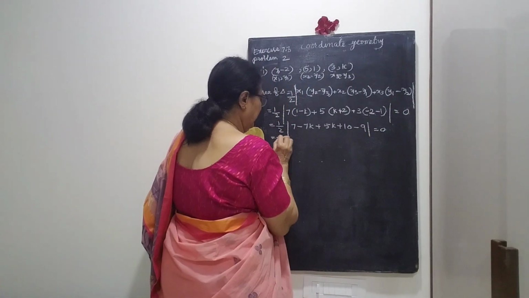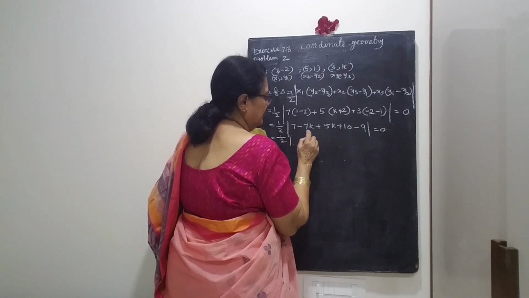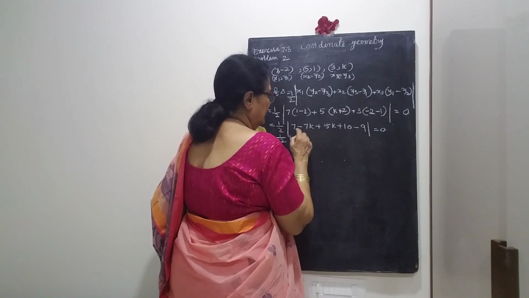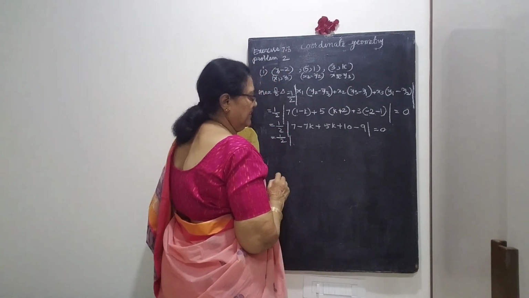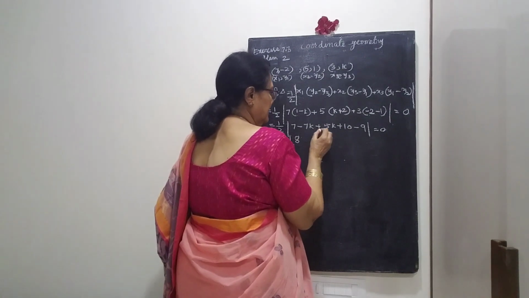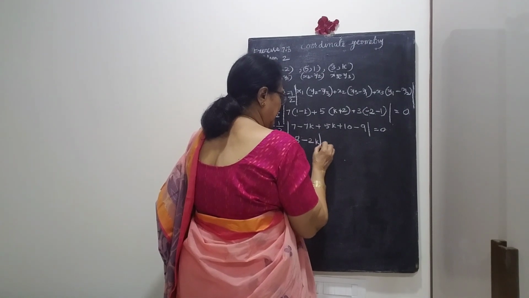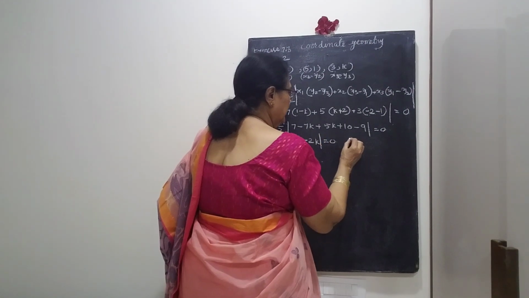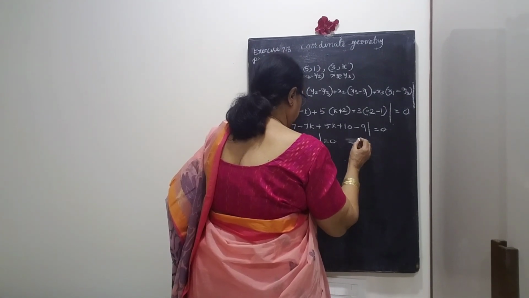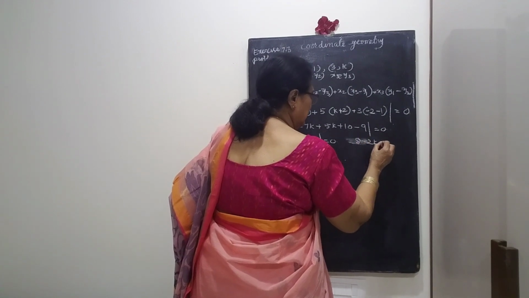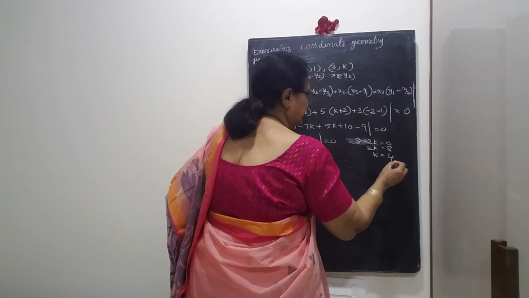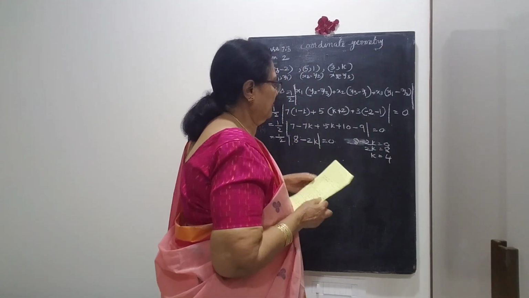So that is half into minus 7k plus 5k, and 7 plus 10 is 17, 17 minus 9 is 8. 8 minus 2k is equal to 0. So 2k is equal to 8. k is equal to 4. So the value of k is equal to 4.